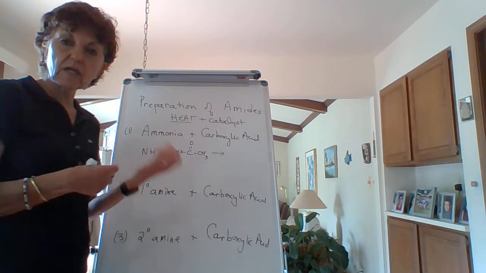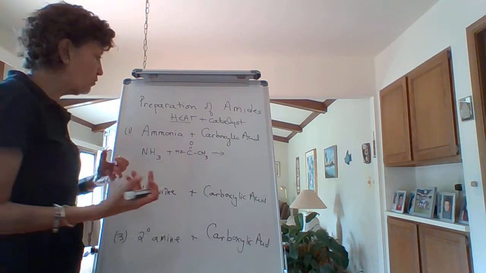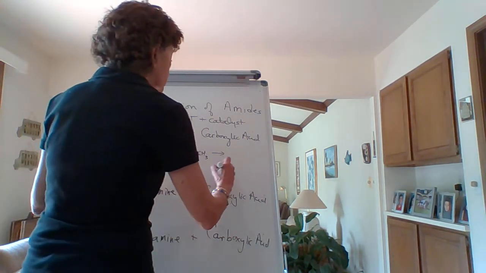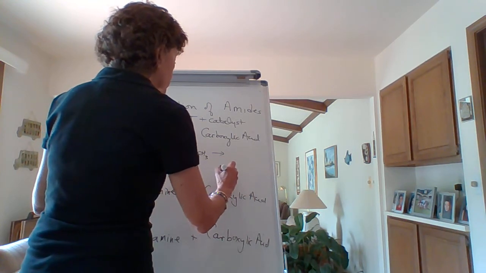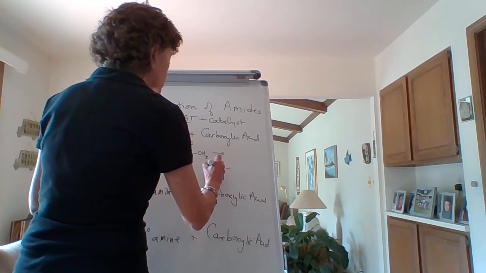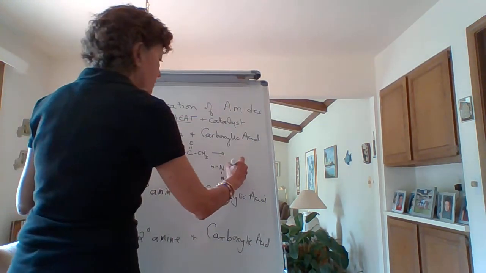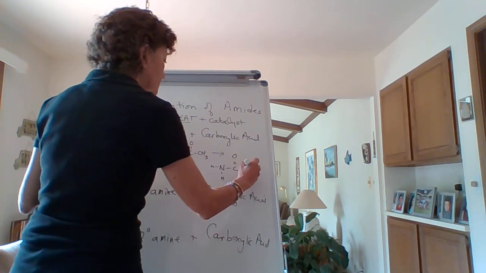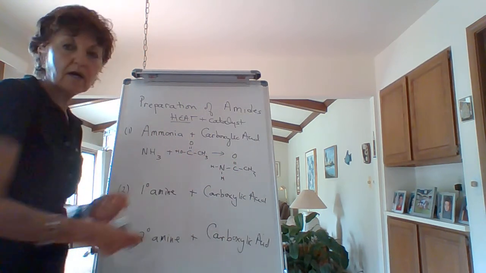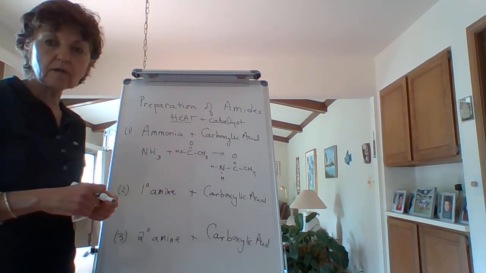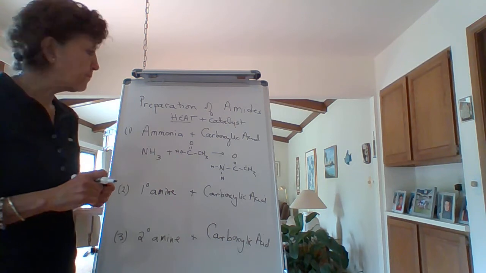You're going to be removing an HOH, a molecule of water. So your nitrogen is going to lose one of the hydrogens. It's going to go off with the OH as water, and then you end up with a primary amide. So you've just created acetamide or ethanamide.